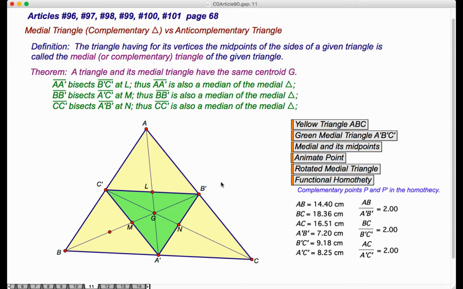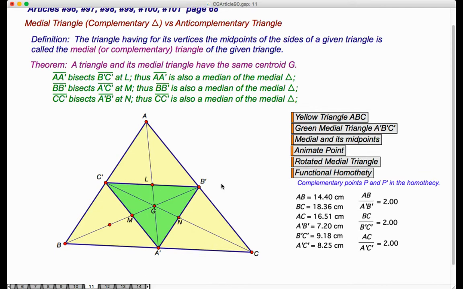Okay? Another thing we can think of is homothecy, similarity. Okay, so we can easily see that the green triangle is similar to the yellow triangle. It would be nice if we rotate it. Let's rotate the green triangle. Okay, that's the rotation.